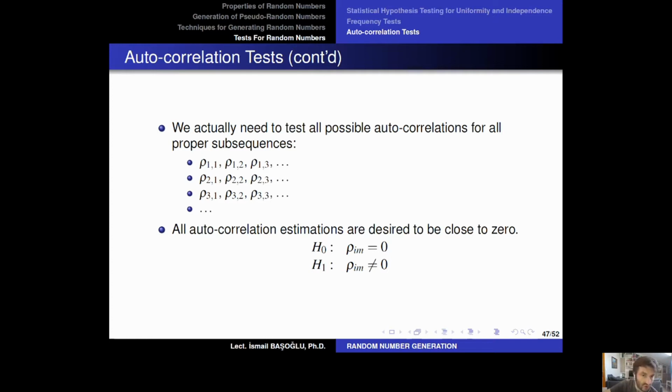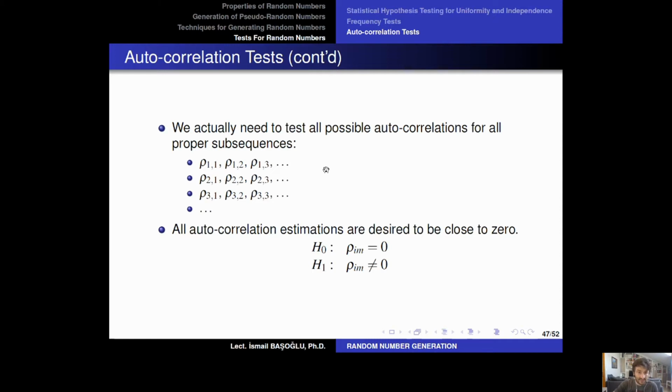So R2,2, R2,4, R2,6, R2,8, so on and so forth. So basically, some of these autocorrelations should not be tested. Why? Because a larger sequence which covers that sequence as a subsequence is already tested for independence and it may have passed. Therefore, we do not need to check all of these autocorrelations.